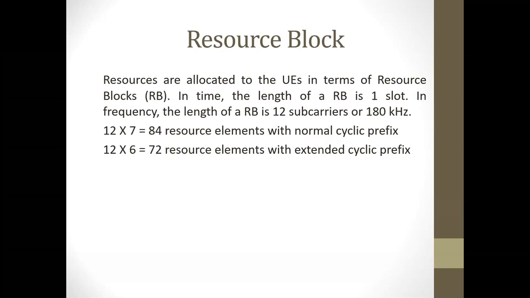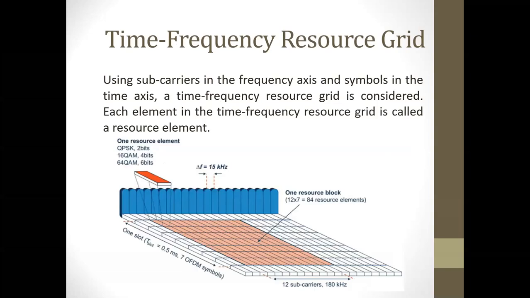But we are grouping into resource blocks. When you have some data transfer, then you are allocated in terms of resource blocks. Like you are doing, say, some downlink data transfer.